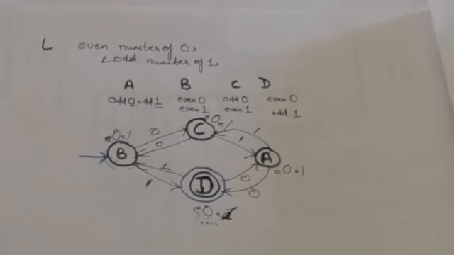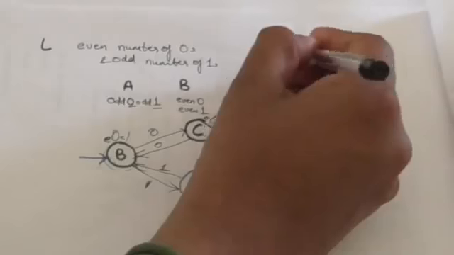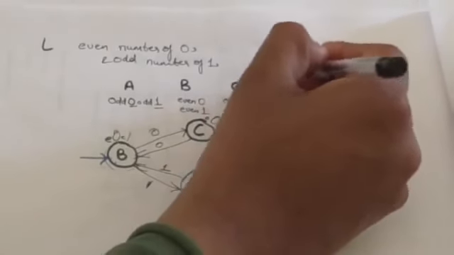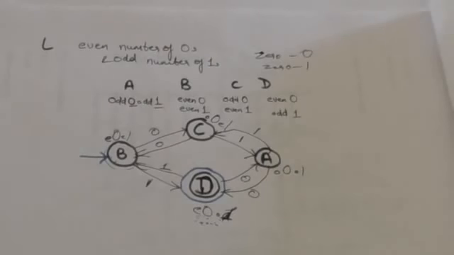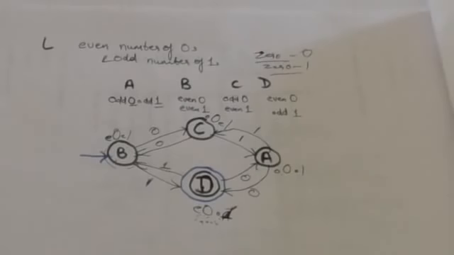When we don't apply any string, that is, when the input has 0 zeros and 0 ones, where should the machine be? Here we have considered 0 as an even number. If the machine has read 0 zeros and 0 ones, it means the machine has processed a string of an even number of zeros and an even number of ones.